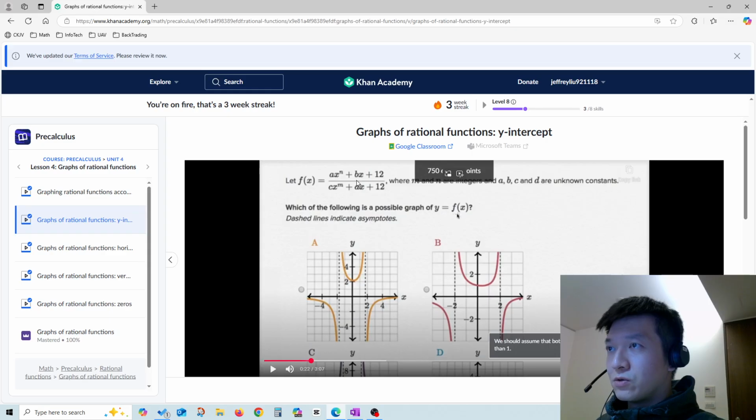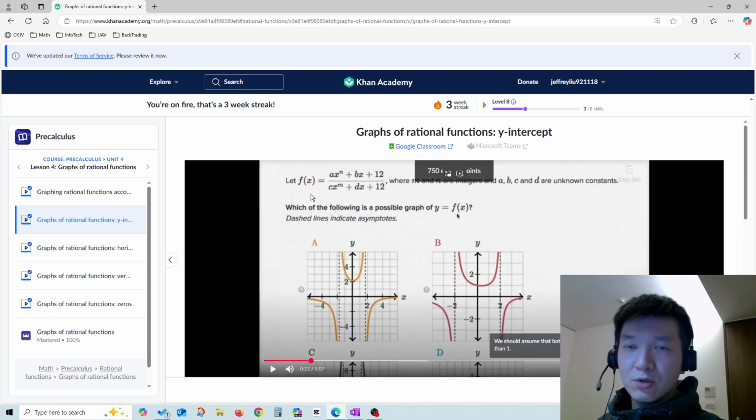You have an unknown constant, but what do you know here? If you put down 0 for x, you're trying to get the y-axis intercepts, right? It's always changing between these elements for the rational functions. It's either the asymptotes, the intercepts, or the removable discontinuity, right?